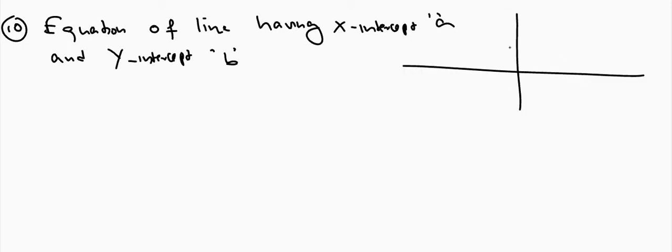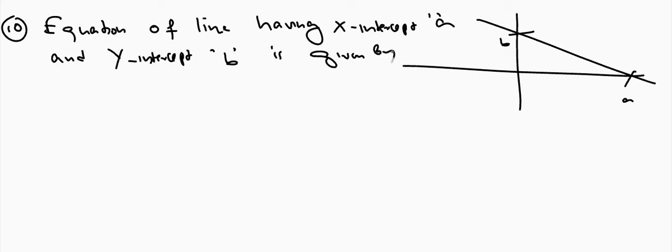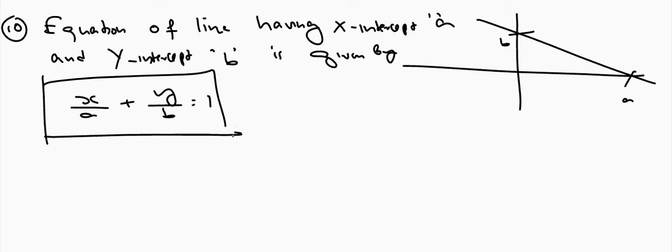The equation of a line which has an x-intercept a and y-intercept b is given by x by a plus y by b equals 1.